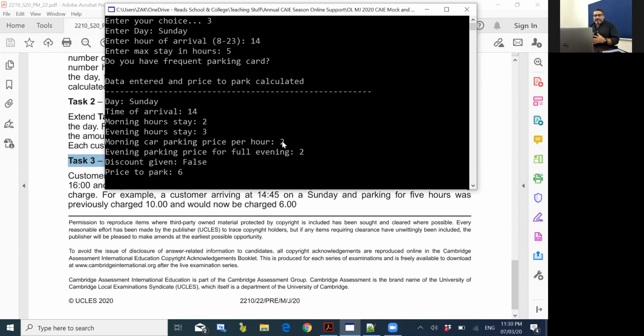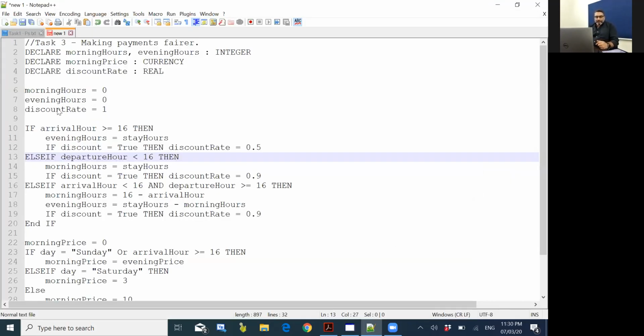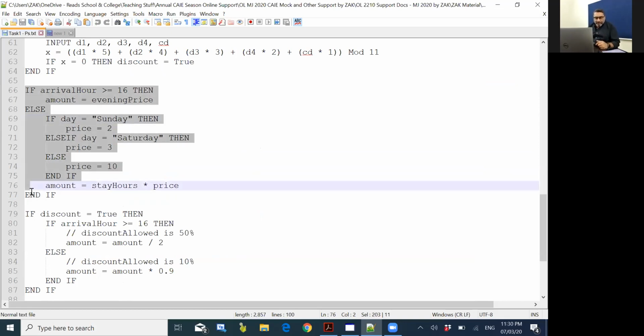So let's see first which area in task 1 will be affected for having this task 3 done, and then how we have made it work in task 3. In task 1, only this area which is calculating the amount is affected. Let's see what is happening.